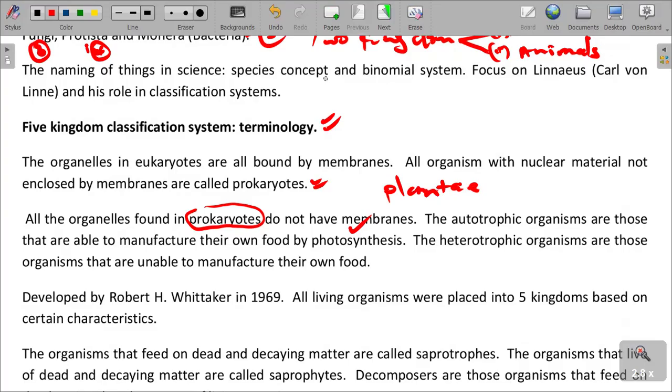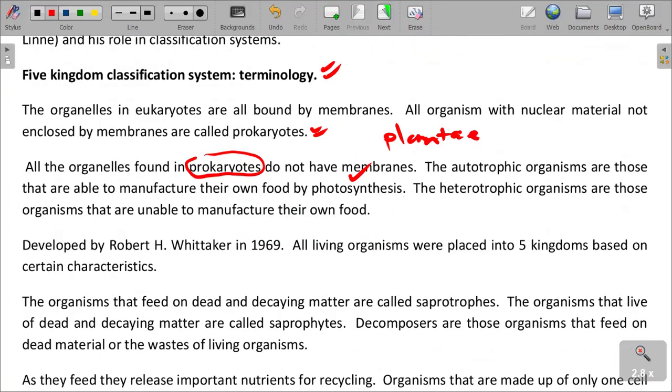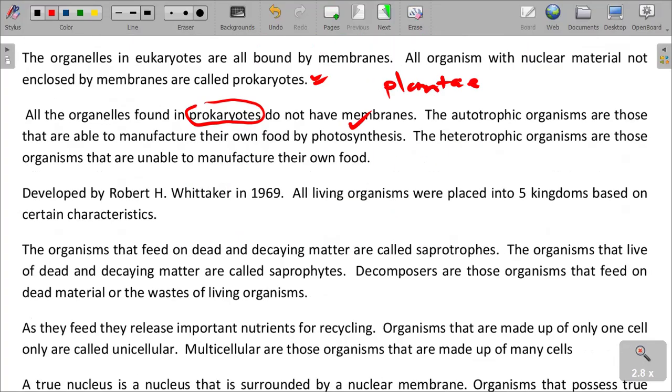Heterotrophic organisms are those that are unable to manufacture their own food. This was another classification, developed by Robert H. Whittaker in 1969, where all organisms were classified into five kingdoms based on certain characteristics.